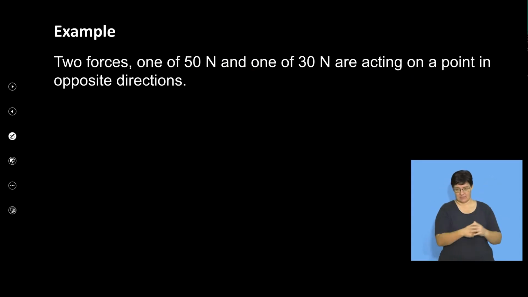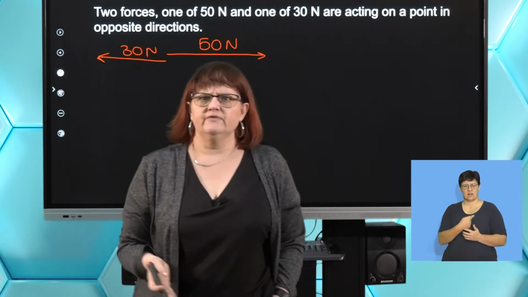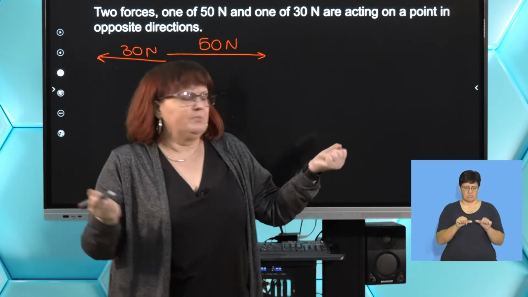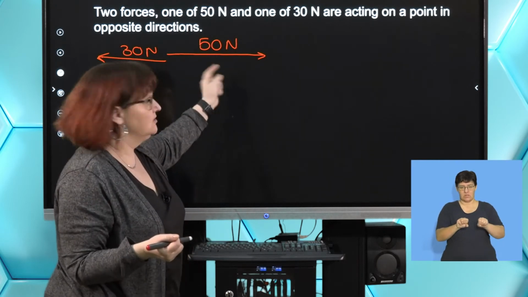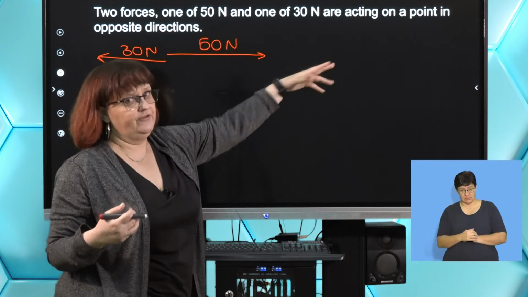So for example, we have two forces, 50 newtons and one of 30, acting on a point in opposite directions. So if we want to, we can say there's the 50 newtons going in that direction, and we have 30 going in that direction. Logically and instinctively, I think most of you can tell me what the resultant of these two is. It's like a tug of war. You'll be able to tell me that it's 20 newtons going, in this case, because I drew it to the right, to the 50 newton.